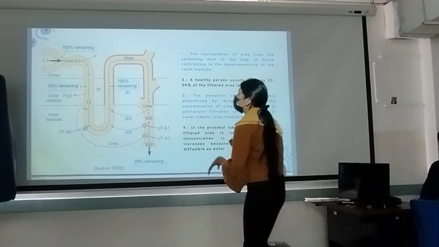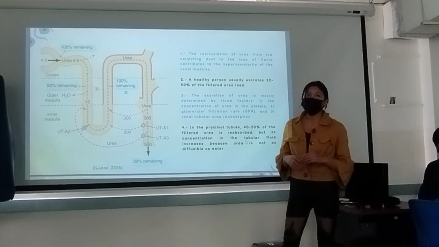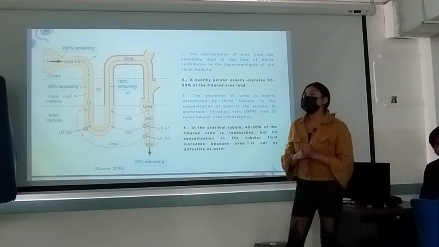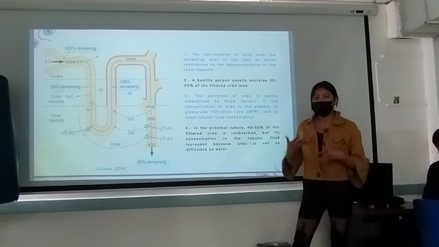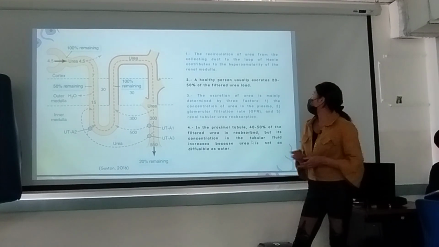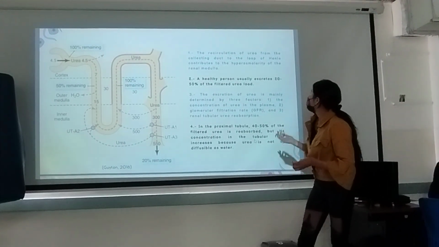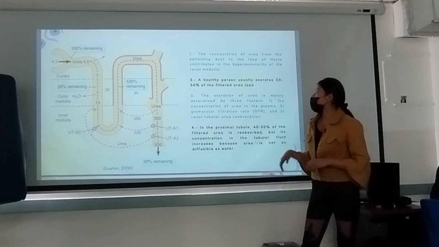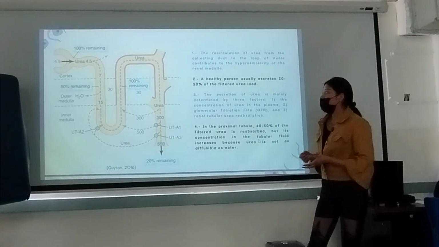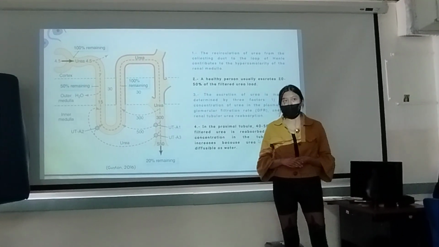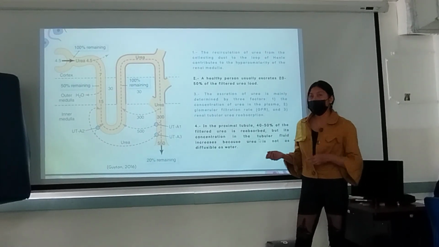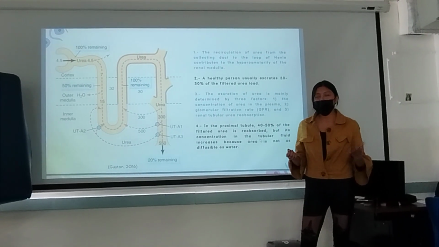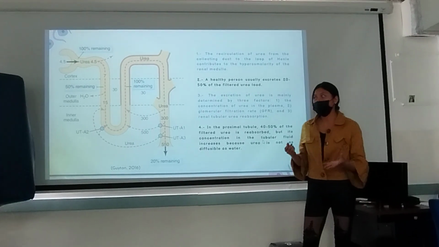Okay, the recirculation of urea from the collecting duct to the loop of Henle contributes to the hyperosmolarity of the renal medulla. A healthy person usually excretes 20 to 50% of the filtered urea load.